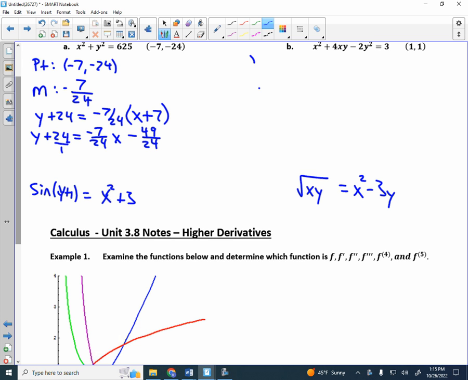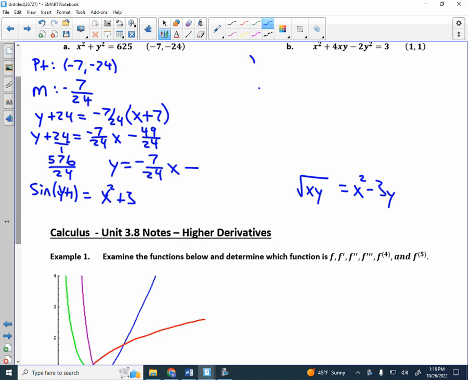I'll multiply top and bottom by 24. And 24 times 24 is 576. Better? So I get y is equal to -7 over 24 times x. And if I take -49 minus 576, -625 over 24.